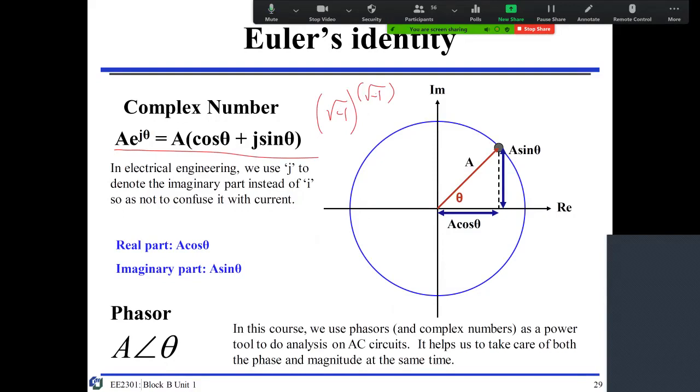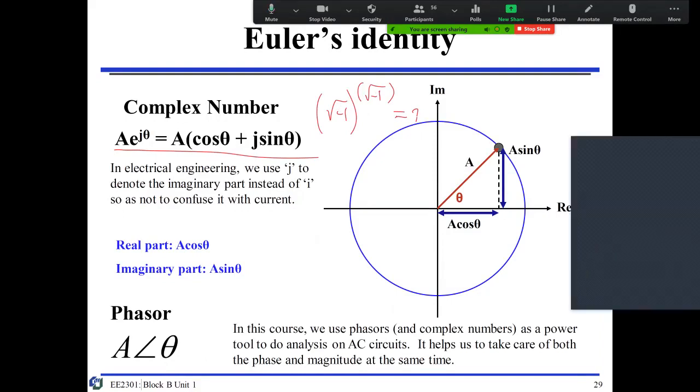Square root of -1 to the power of square root of -1. Can you do that? If you feel this is something wrong, you never thought about how this is possible, that means you need to go back and revisit your complex numbers.